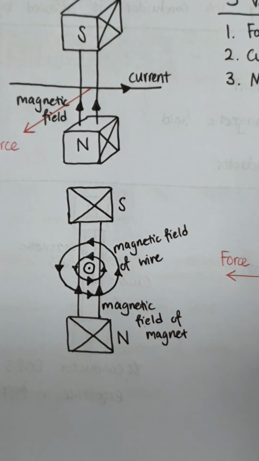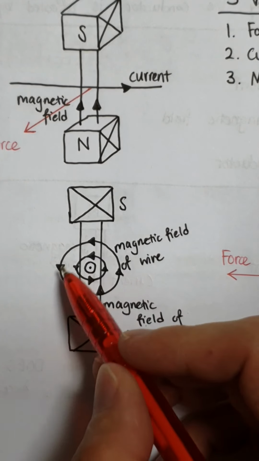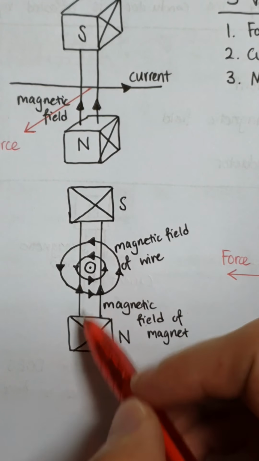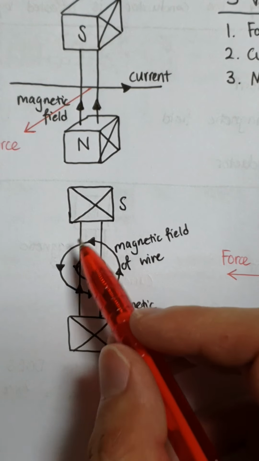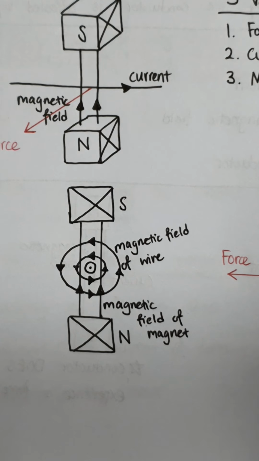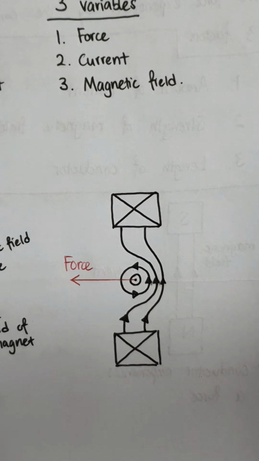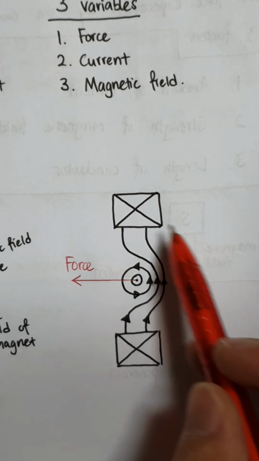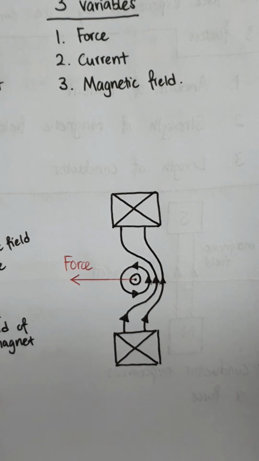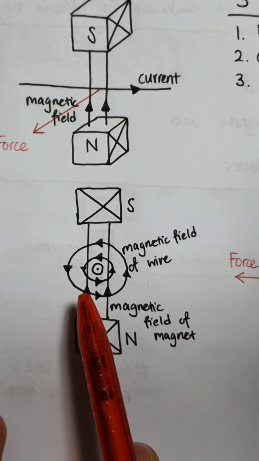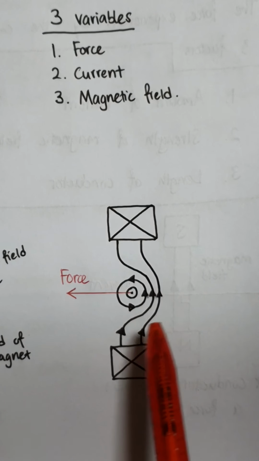So the magnetic field lines on this side are forced to bend somewhere else, and they bend in a way that looks like that. The field lines are actually like that, but they bend to become like that.